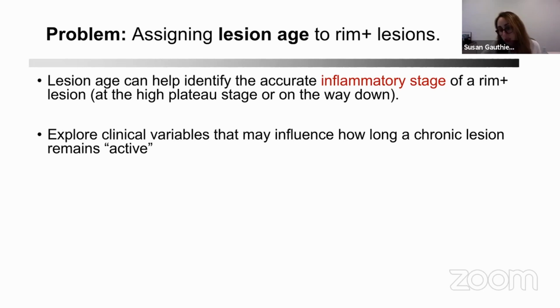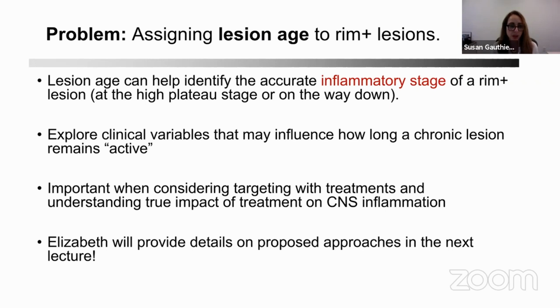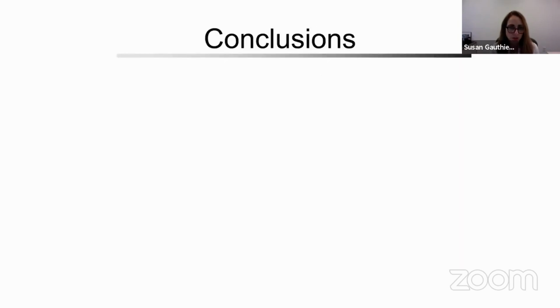Maybe in patients that have progressive disease, that lesion remains more active longer than in somebody with earlier stage disease. These are all interesting questions that we want to ask. But as I stated before, I think it's so important when considering targeting with treatments that we understand the accurate lesion age. And Elizabeth's going to go into this in her talk.